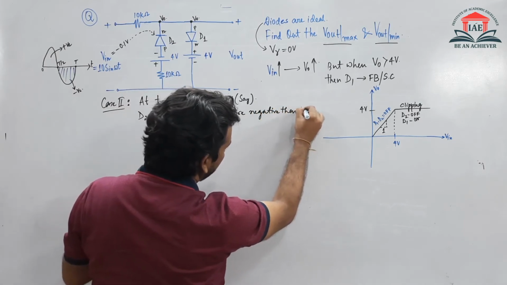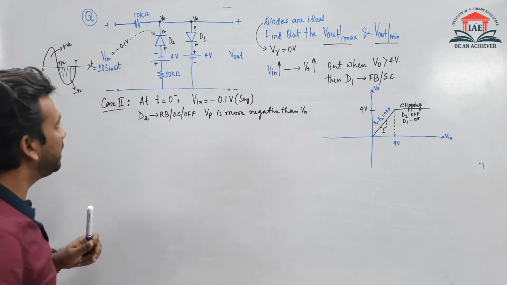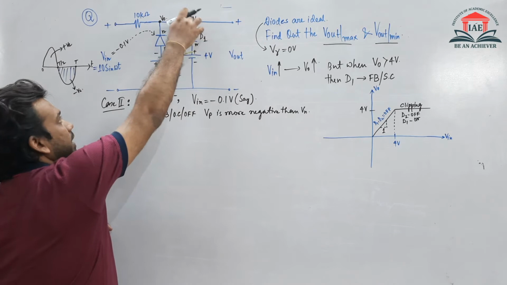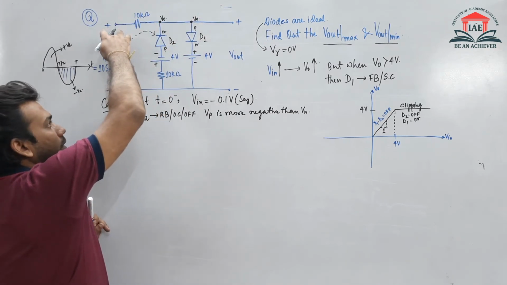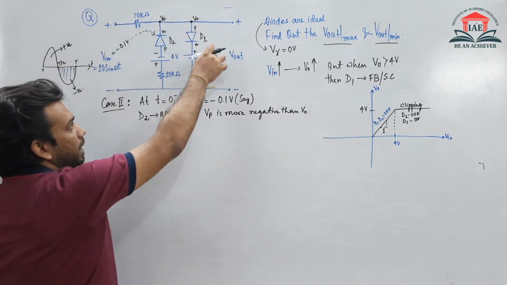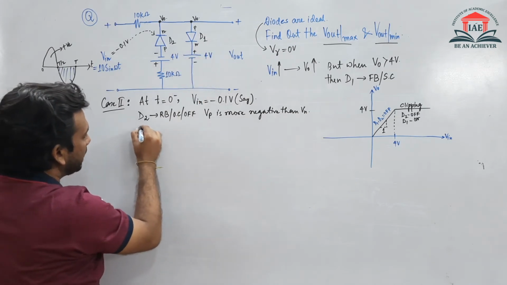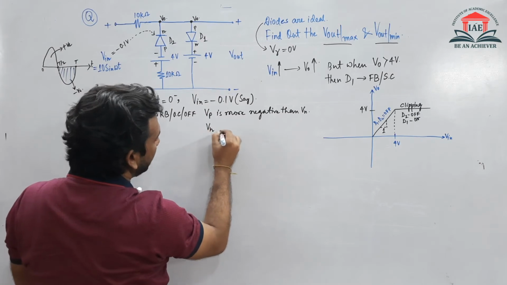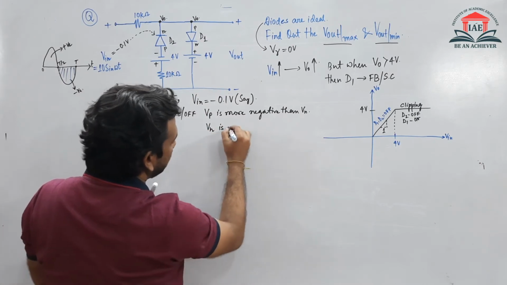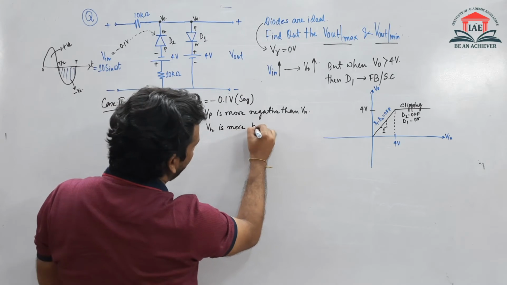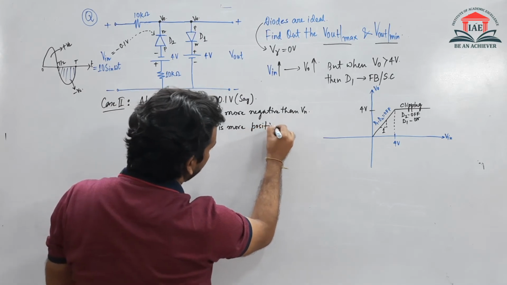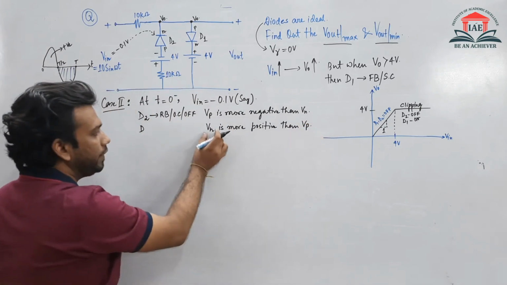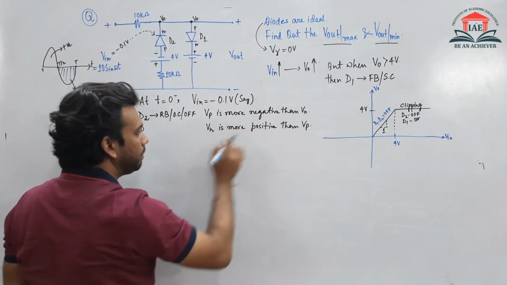So Vp voltage is more negative than Vn voltage. Similarly, if you look at the D1 diode, its P side is connected with this minus 0.1 and N side is connected with plus 4. That means the Vn voltage is more positive than the Vp voltage.